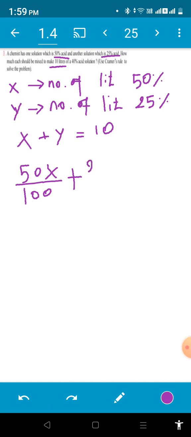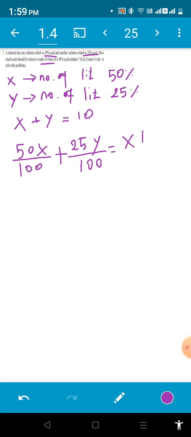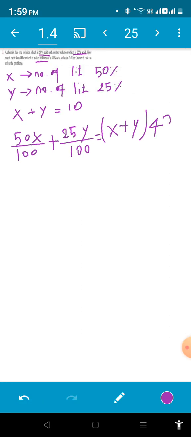Then 25% of y, that is 25y divided by 100, equals (x plus y) into 40 divided by 100, because 40% acid is the final solution value.